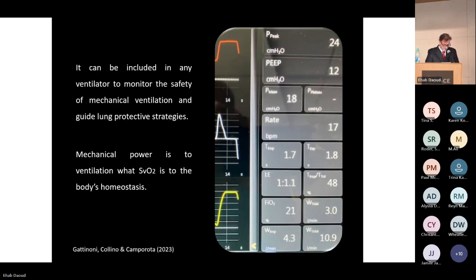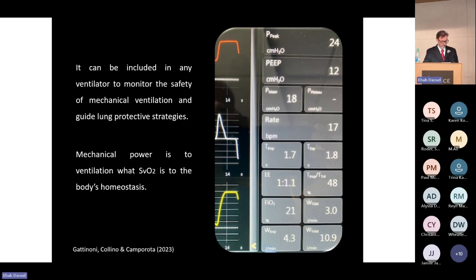Absolutely, mechanical power should be included in the ventilator display, because mechanical power is a summary variable derived from solid physical and biological foundations that can be included in any ventilator to monitor the safety of mechanical ventilation and guide lung protective strategies.